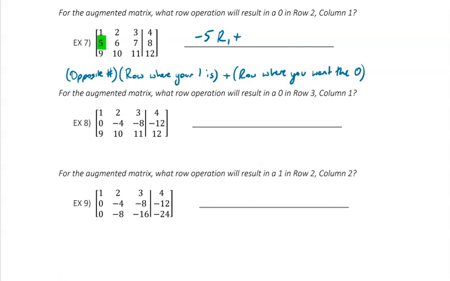So plus, we want the 0 in row 2. So we're going to put row 2 here. And that will replace the same row as that last one we just did. So it's going to replace row 2, as in these last two should always match.